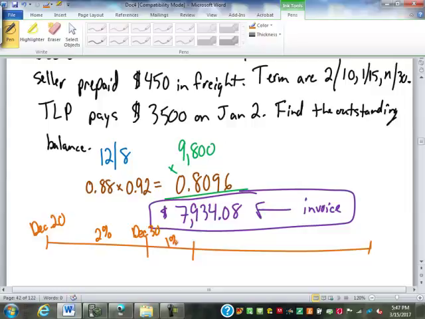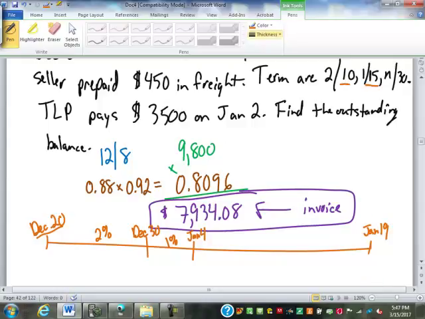Then there's a 1% that goes for 5 more days past that, which would be January 4th. Remember, all these dates go back to the original invoice date. So the 2/10 starts at December 20th. The 1/15, that 15 also starts back on December 20th. So it's only an additional 5 days past the original 10. And then, of course, the net 30 is going to be January 19th.